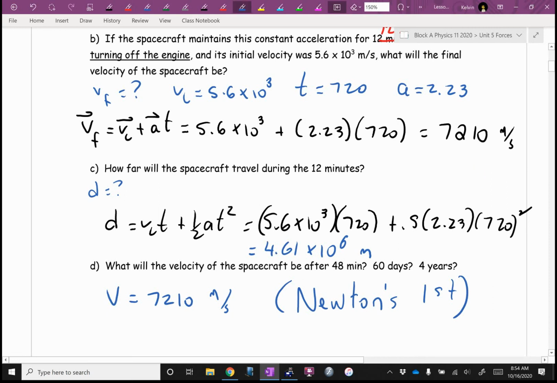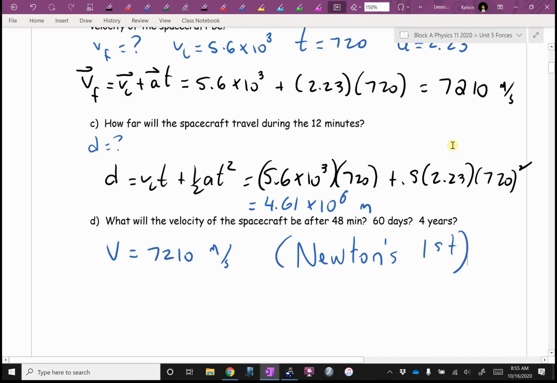Actually it's 11,180, I think, 11,200 meters per second. Basically, if you go 11 kilometers per second plus a bit faster, once you do that, you can shut your engine off and coast to the edge of the universe. You'll get there. Maybe not very fast, but you've escaped Earth's gravity and Newton's first will kick in. If you want to go faster, fire your engines more to get an even bigger speed.